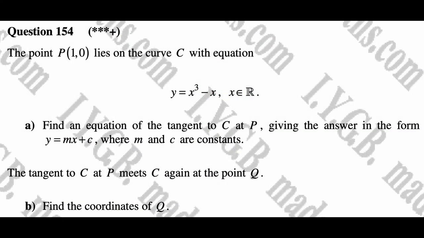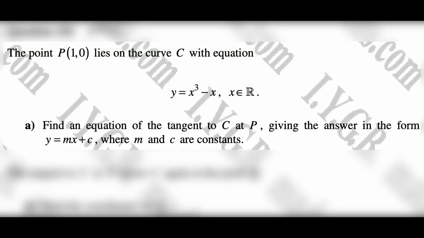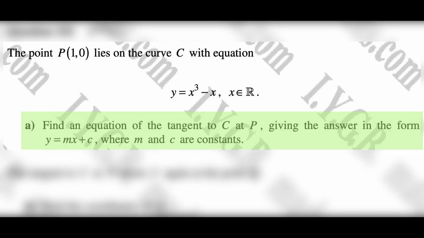Now guys, for this question, we're told that the point P (1, 0) lies on C, with the equation being y = x cubed minus x. From here, it says to find an equation of the tangent to C at P, and to give the answer in the format of y equals mx plus c.